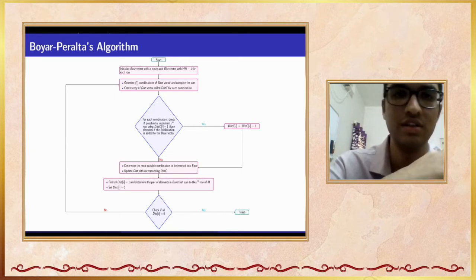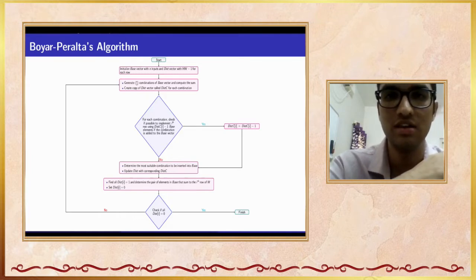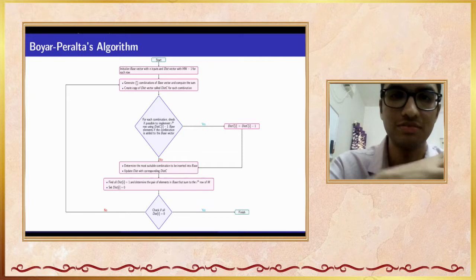Next, once the base vector and distance vector are initialized, we generate all n choose 2 combinations of the base vector elements and compute their sum. Here, the sum is simply an XOR2 operation. Then we create a copy of the dist vector called the DC vector and assign it to each of the combinations.